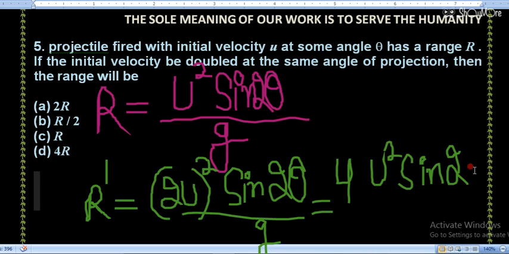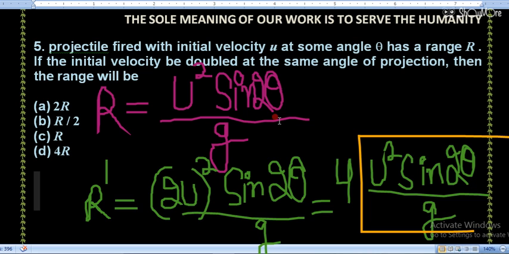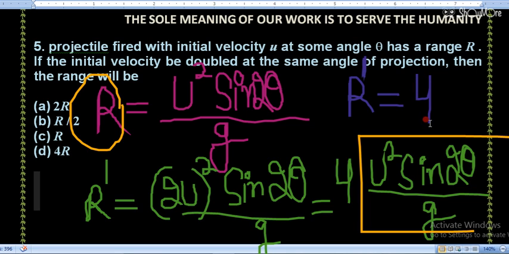So that means now the rest of the term is the same. This is u square sine 2 theta by g. So now the rest of the whole term is the same. This is equal to what? This is equal to R here. So that means when we double the velocity of projection of the body, then the new range, that is R dash, will be equal to 4 times the previous range.